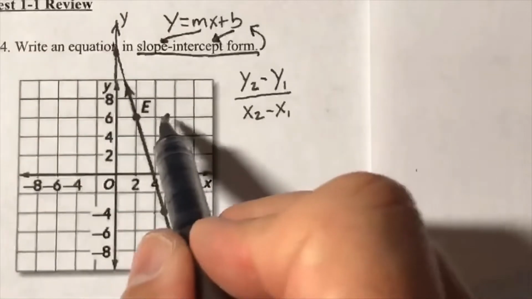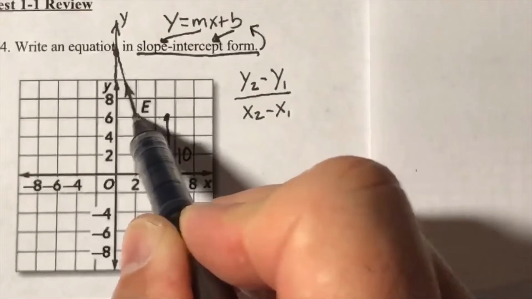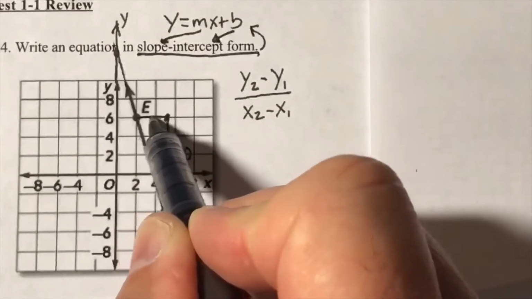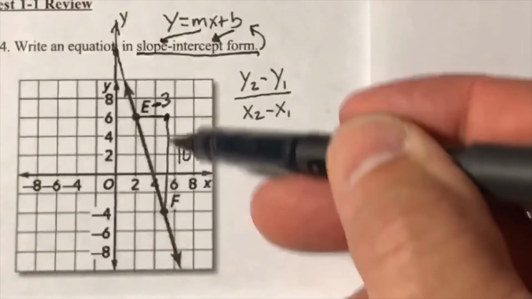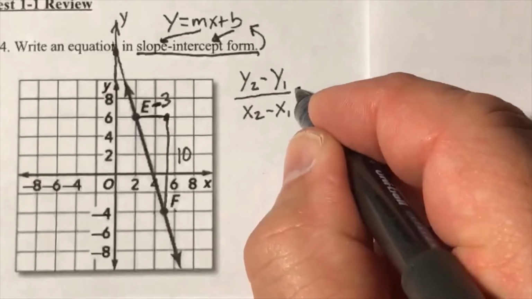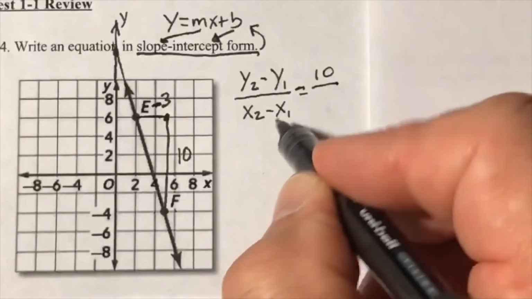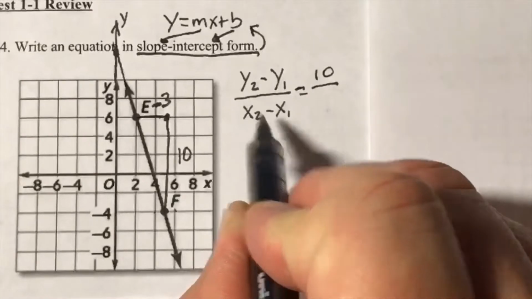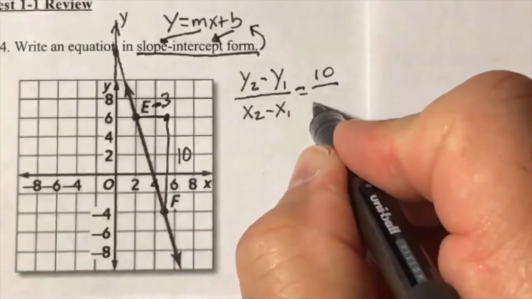Now remember, I rise and then I'm running to the left though. This has to be a -3. In the y coordinates, the vertical on top, divided by the differences in the x coordinates, that's the coordinates of E and F, would be a -3.